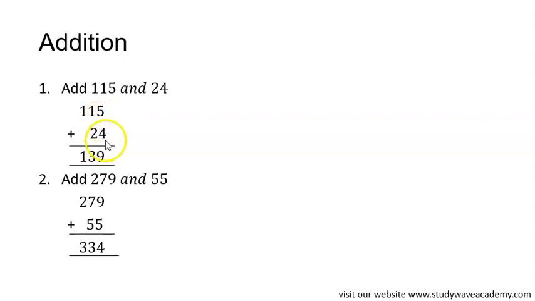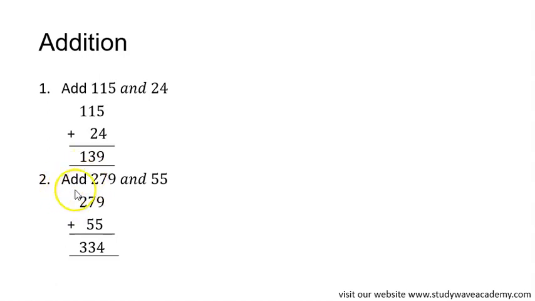So 5 plus 4 is going to give us 9, okay? Next, you move to the next column or next digit. 1 plus 2 is going to give you 3, and 1 plus nothing is going to give you 1. So 115 plus 24 is 139. Okay? Do you understand?